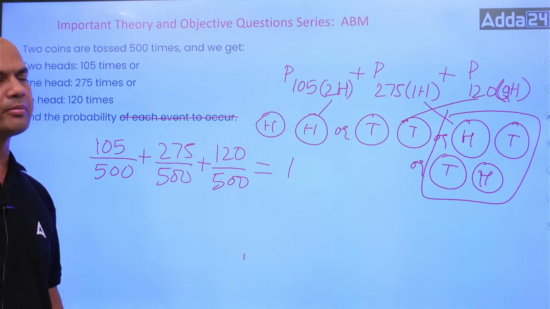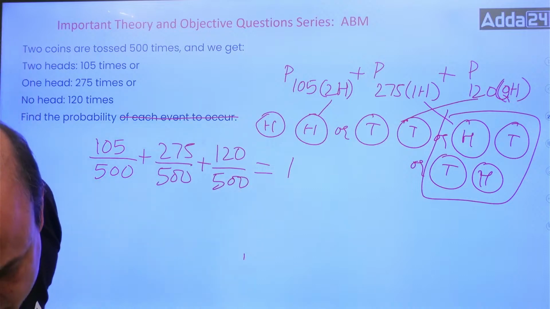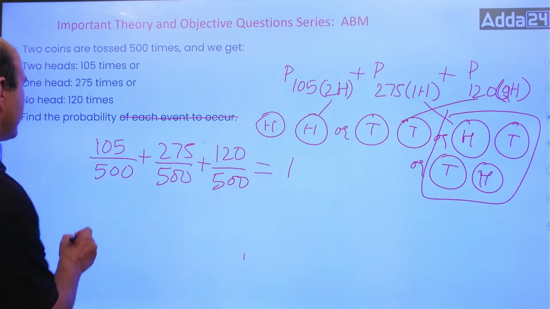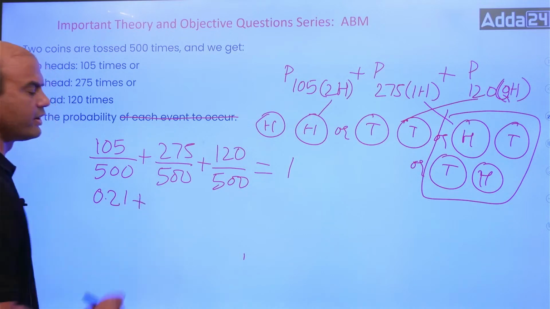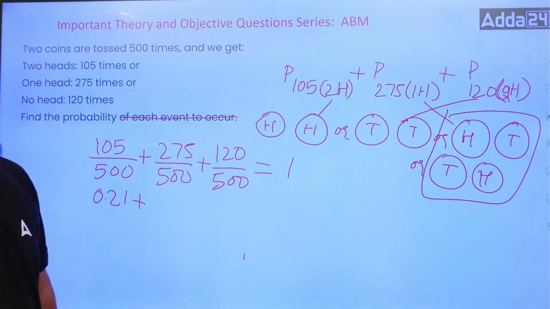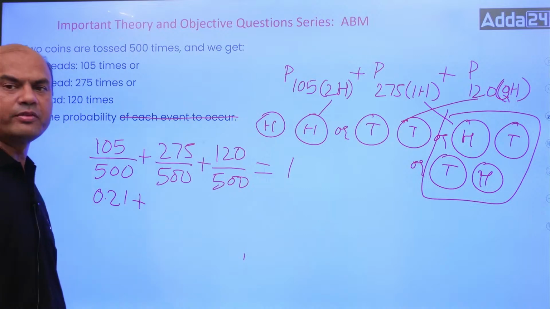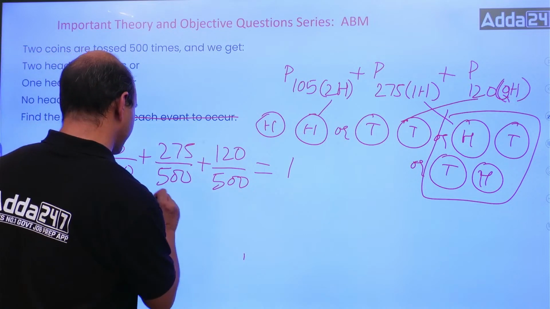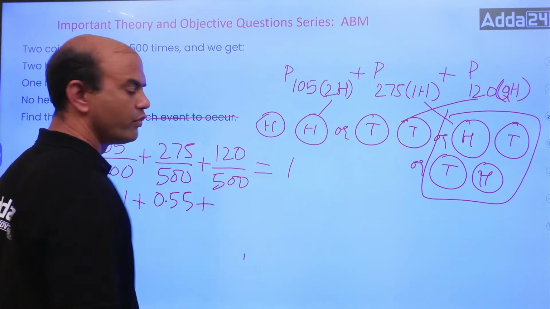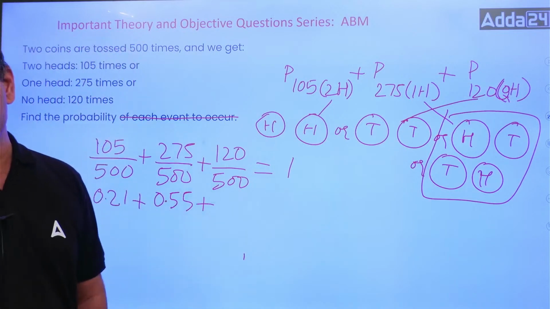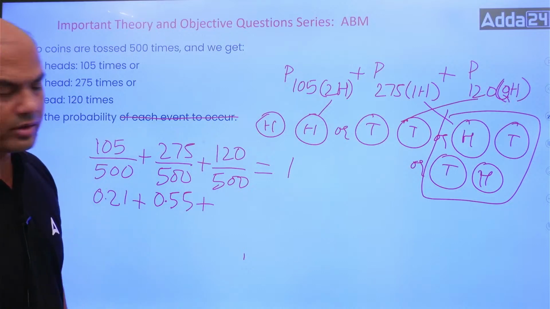So 105 upon 500 is 0.21, plus 275 upon 500 is 0.55, plus 120 upon 500, so it is 0.24.